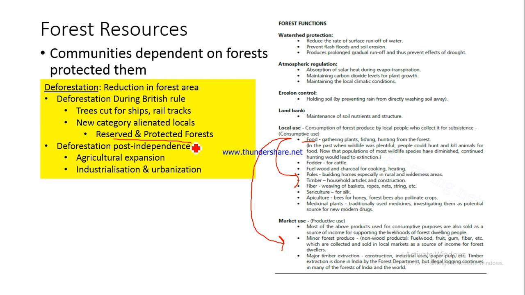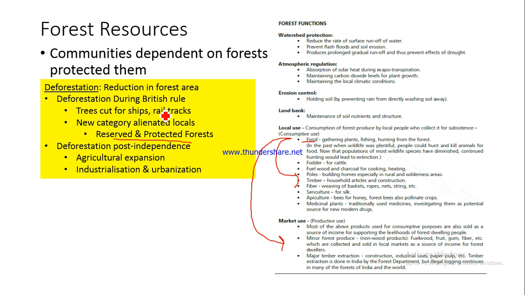Since now the local community had no stake in the forest in their vicinity, because it had been turned into a reserved or a protected forest by the government, they simply started neglecting those forests because they did not have any stake. They simply stopped caring about that particular forest, and this is how they got alienated.